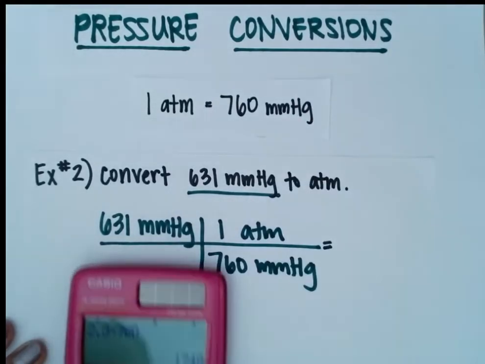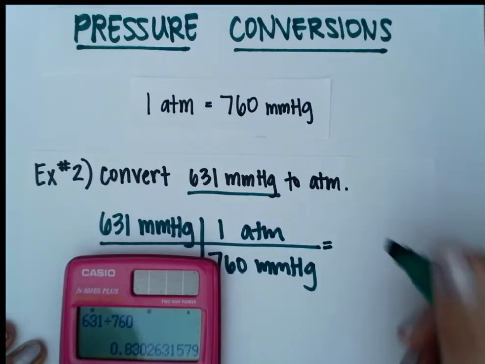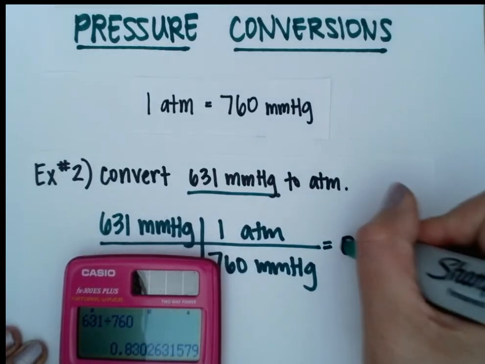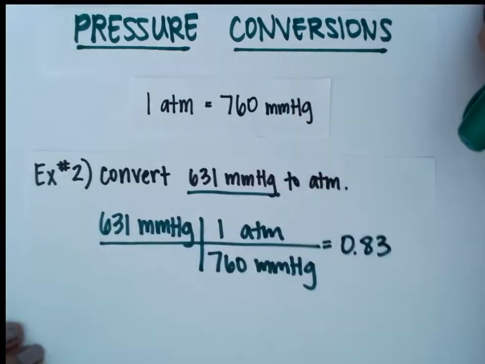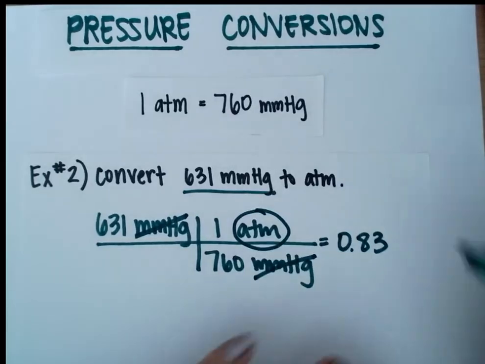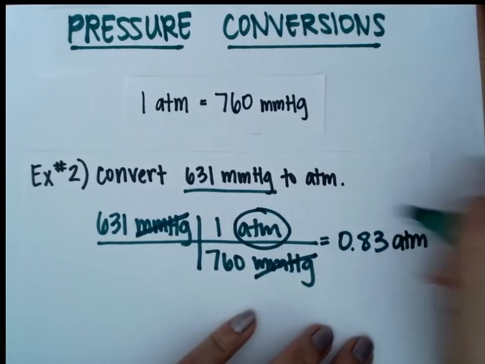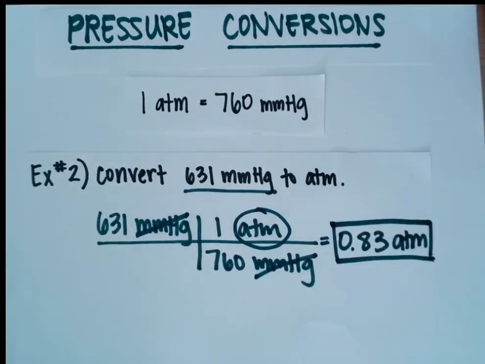So 631 times 1 is 631, divided by 760. We are going to round that number to 0.83. And then remember, mmHg cancels out. ATM is the unit we end up with. So that is my answer, 0.83 ATM.